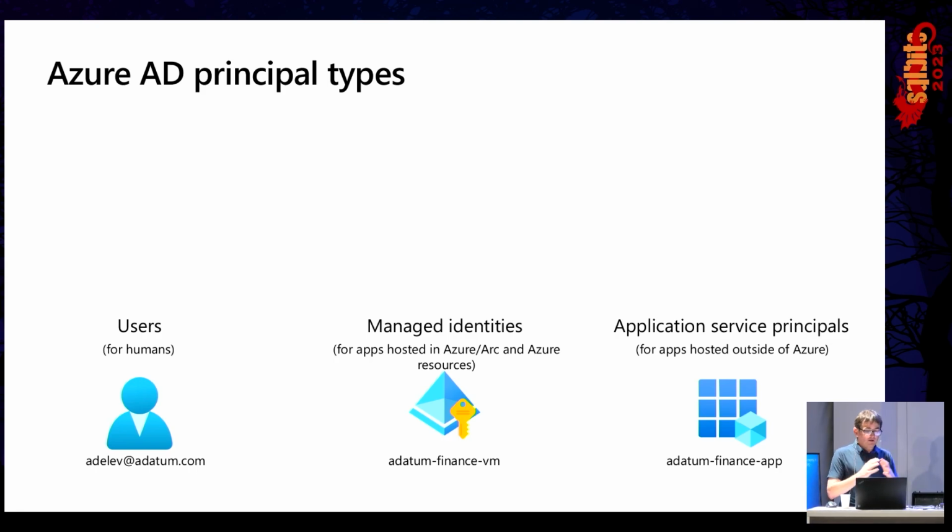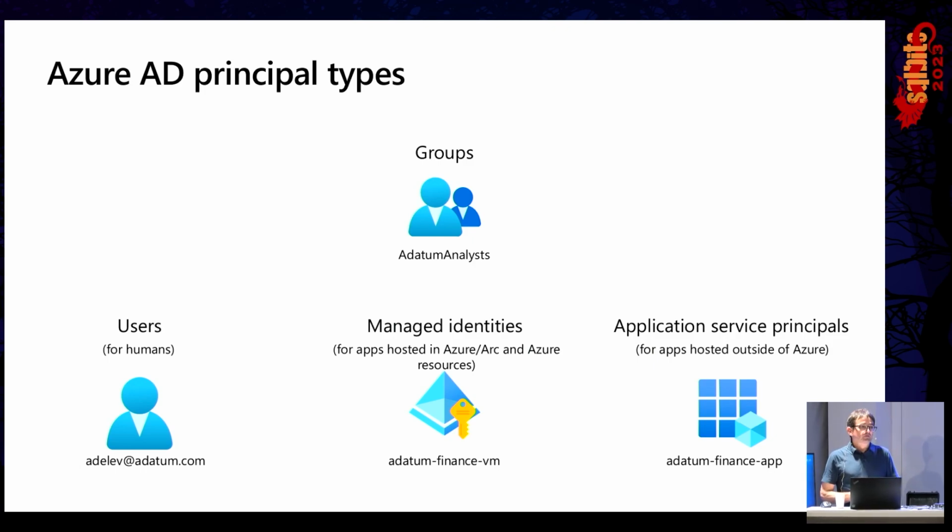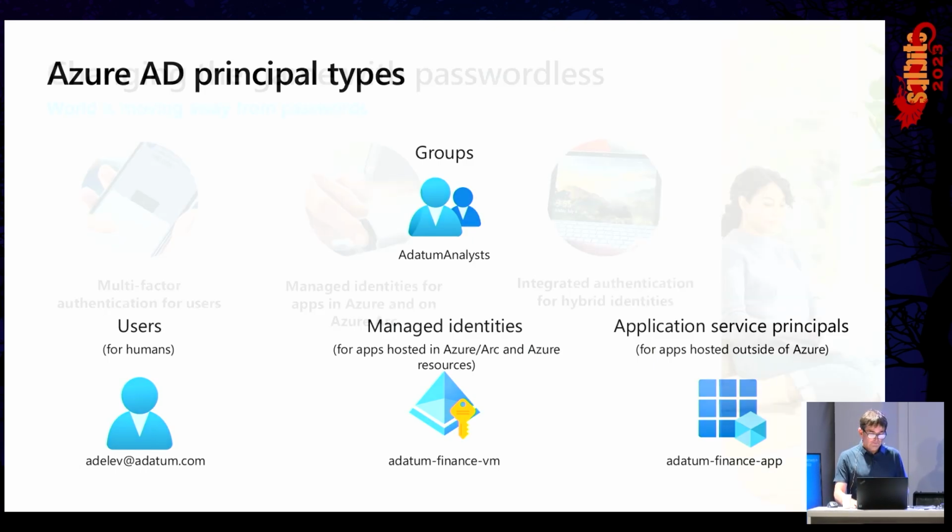One type, one member of this category, are managed identities, and they are used by Azure resources, applications running on Azure or Arc-enabled servers. And then we have application service principals that are used by applications running outside of the Azure ecosystem, okay? And now you can put these different types of principals into groups. You can create group hierarchies, which is a very useful mechanism, okay?